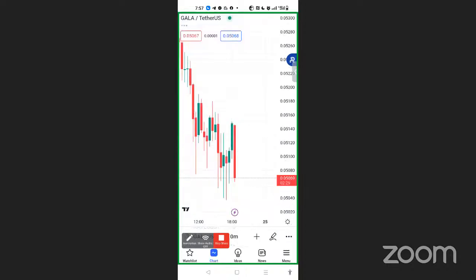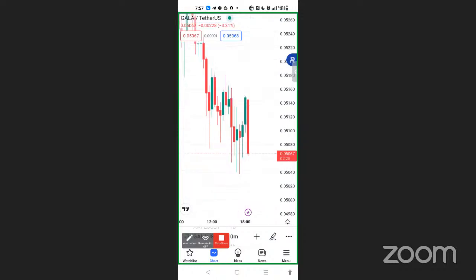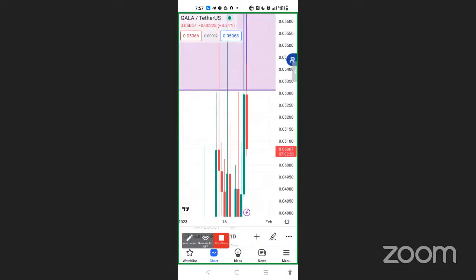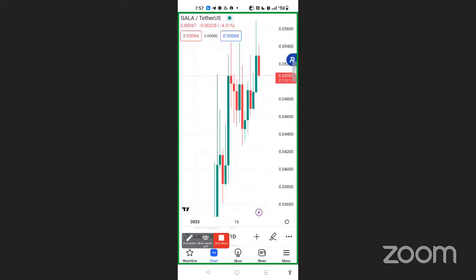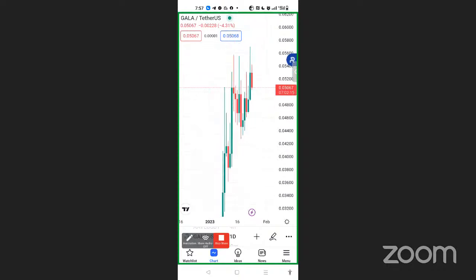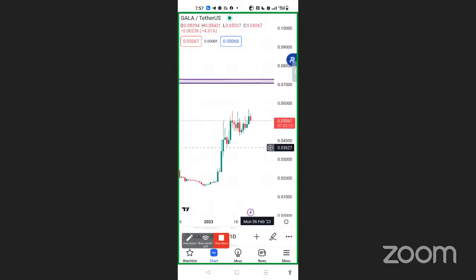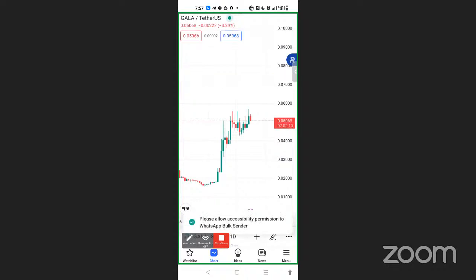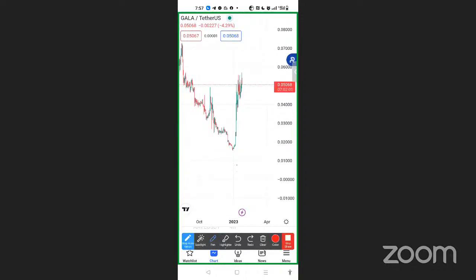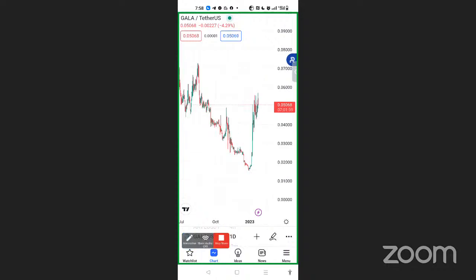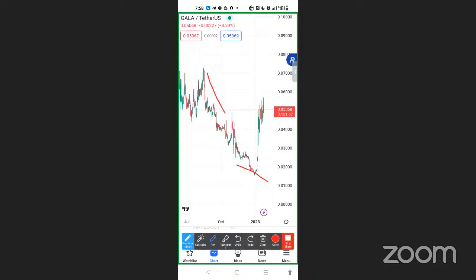Let me clear my screen again. I'll go to the 1-day time frame. I'll pick an area of my focus. For example, if we look here critically, you are able to see that this was a downward trend and this is an upward trend.